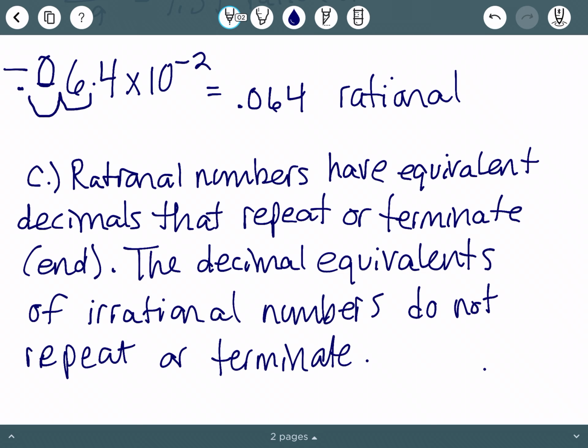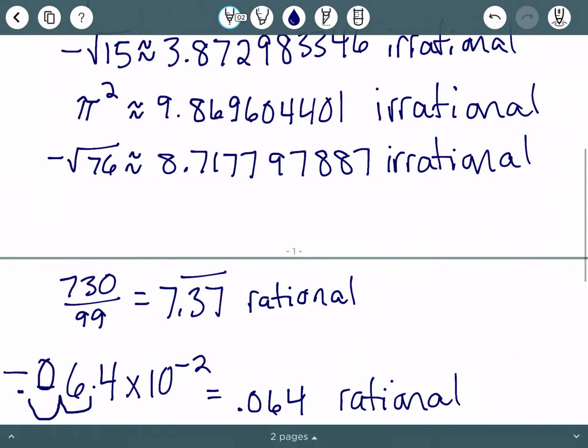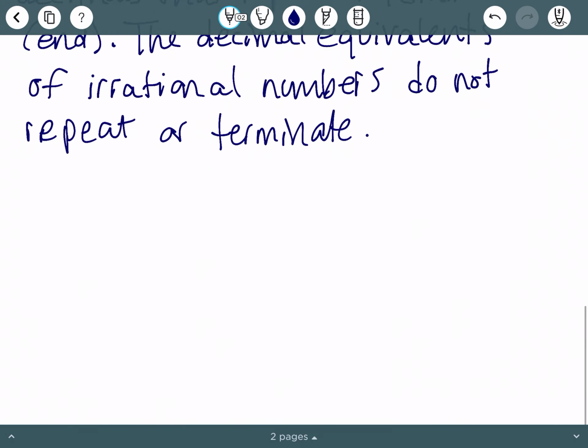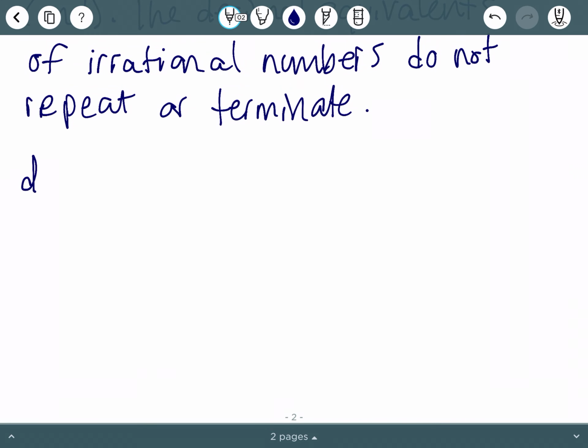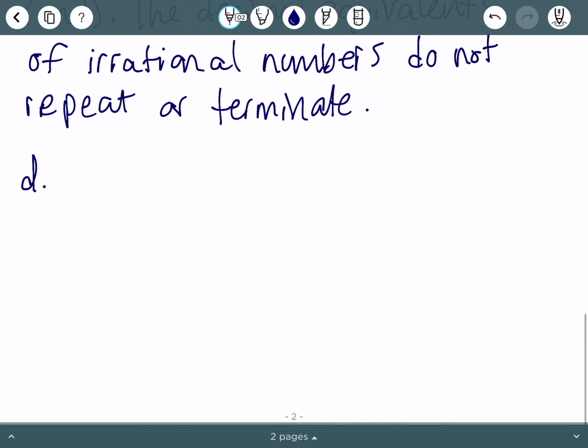Now part D. Is the square root of 42.25 rational or irrational? Explain your answer. All right, so we're looking for the square root of 42.25.